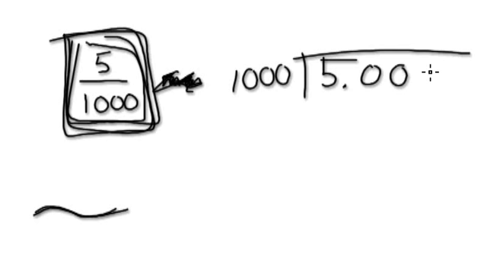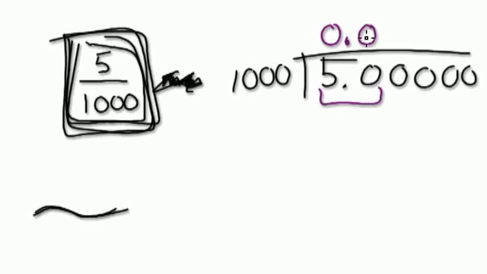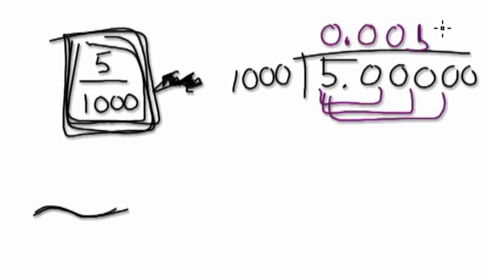You can visualize it as this here, with lots of zeros. 5 divided by 1000 is too small, so you jump to 50, still too small, you jump to 500, still too small, you jump to 5000, and 5000 divided by 1000 is 5.